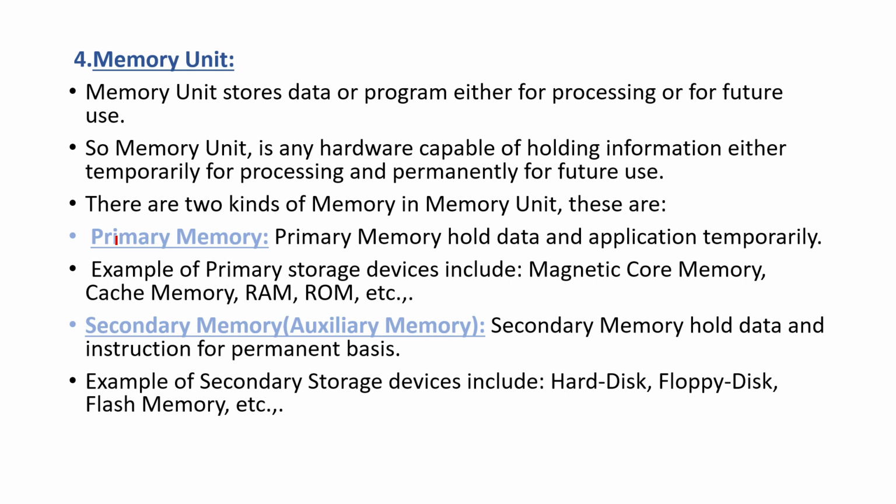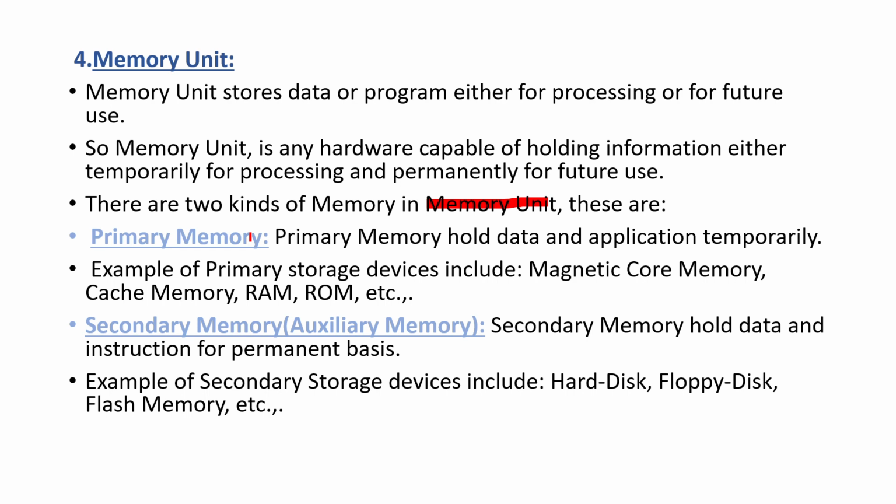Now, there are two kinds of memory units. The first kind is primary memory and the second is secondary memory. Primary memory holds the data and the information temporarily.